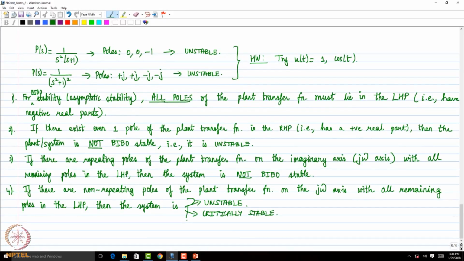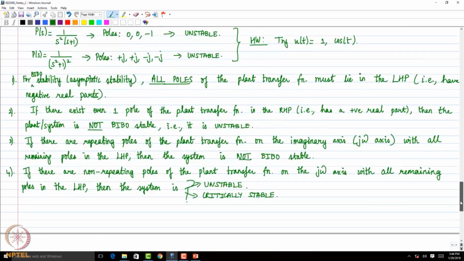Most textbooks will say it's critically or marginally stable, but if we strictly apply the definition of BIBO stability, it's unstable. In stability there cannot be any compromise. Either a system is stable or it is not. If we are strict to that extent, we should call this unstable. But if you say the output is bounded only for one small group of bounded inputs, well, you call it critically stable or marginally stable.